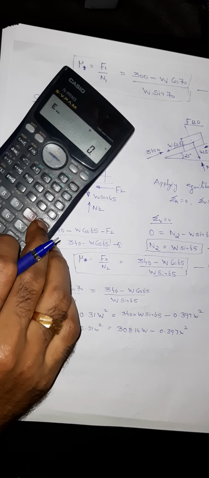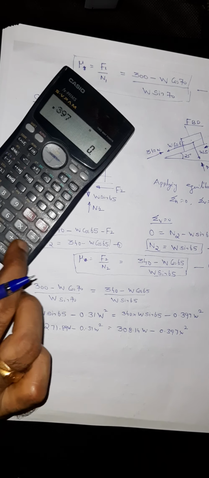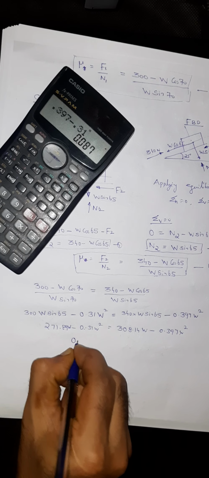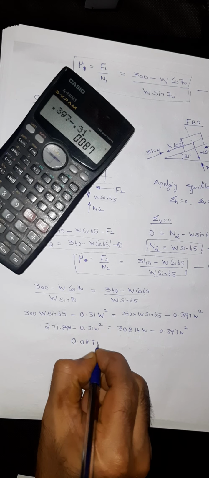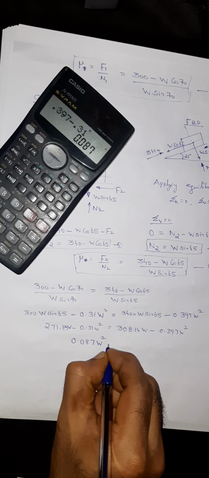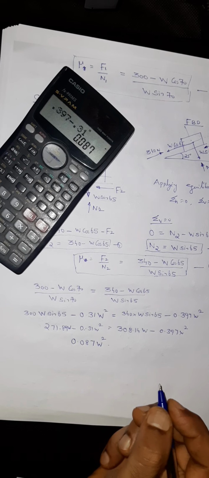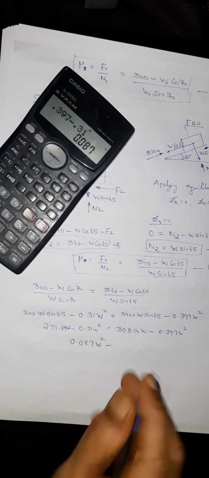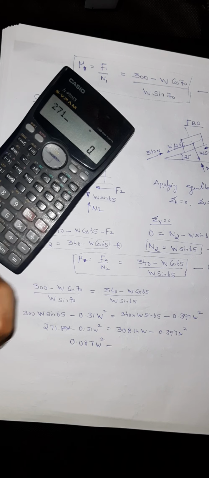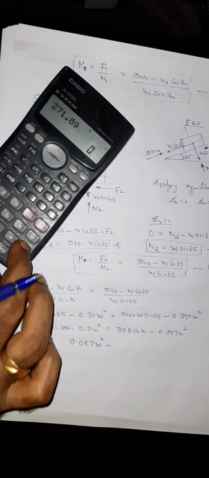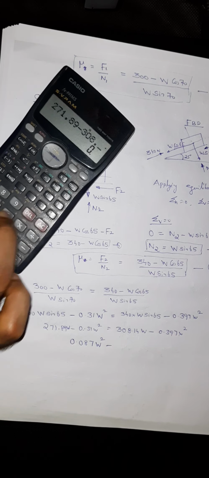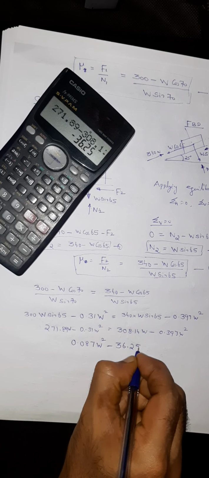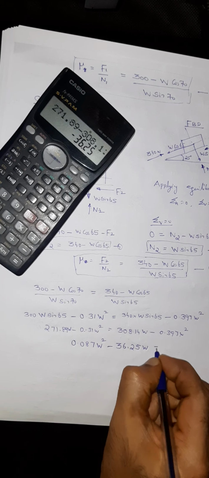That becomes 0.397 minus 0.31, which is 0.087 W square, plus 271.89 minus 308.14, which is minus 36.25 W, equal to 0.